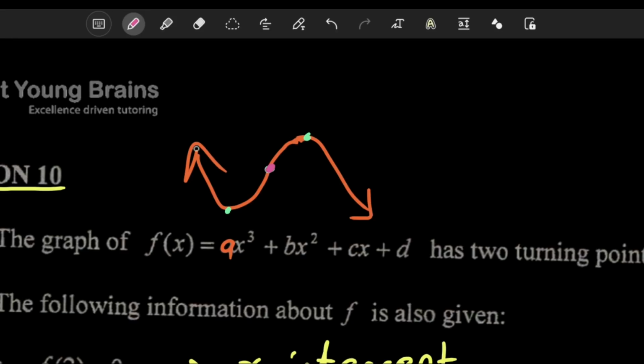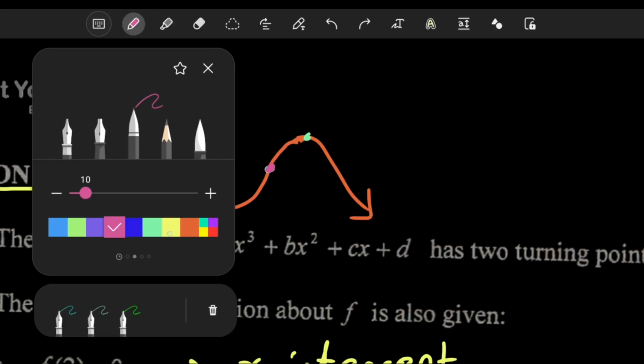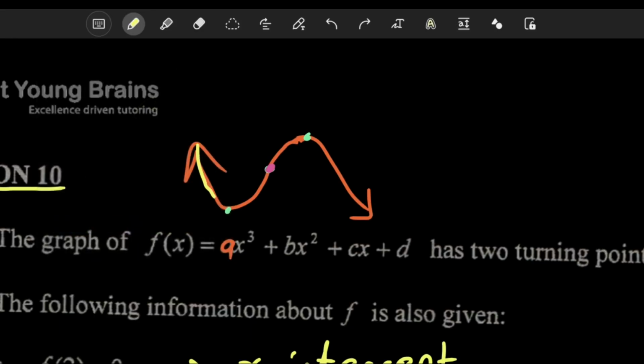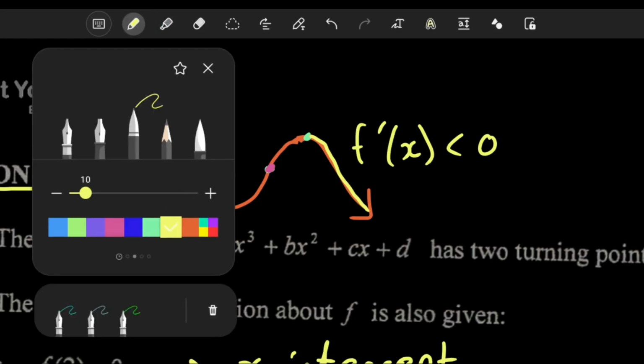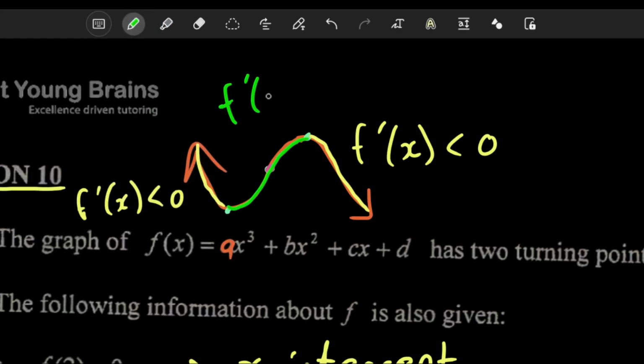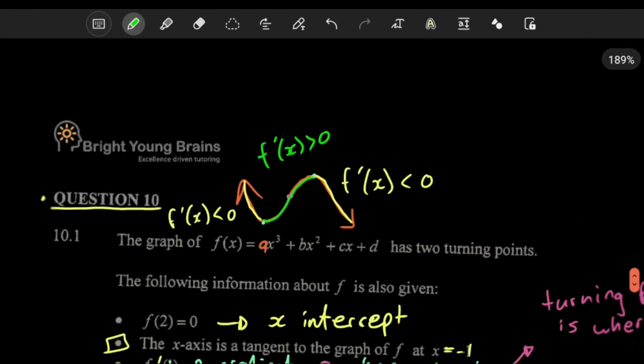Looking at it from the left, all these gradients here are negative gradients, smaller than 0. All these gradients here, also negative. But then, in the middle, those gradients are positive numbers.